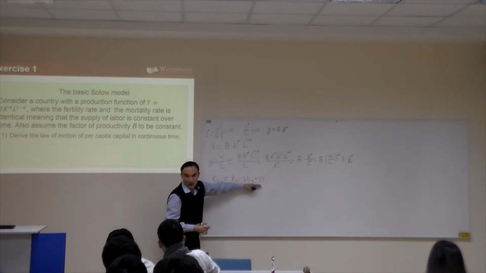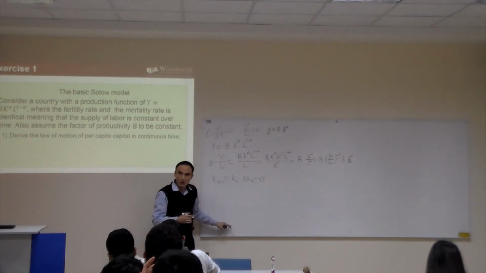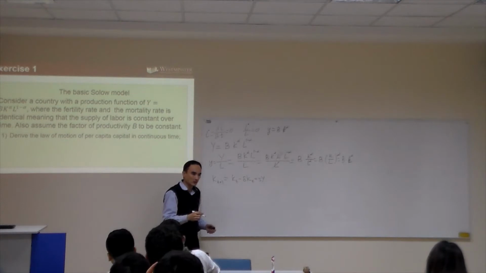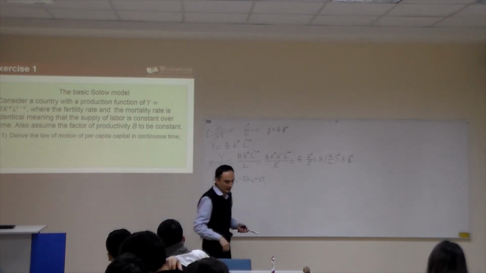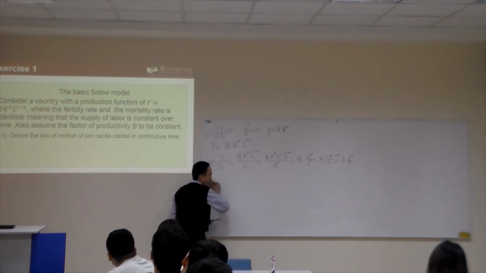We then derived step by step our law of motion of per capita capital, which we did during the lecture. It's in your notes or in the slides, you can easily find it. But in continuous time, this equation is not considered.